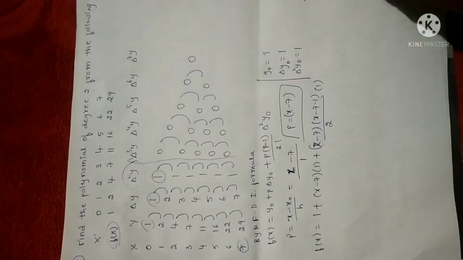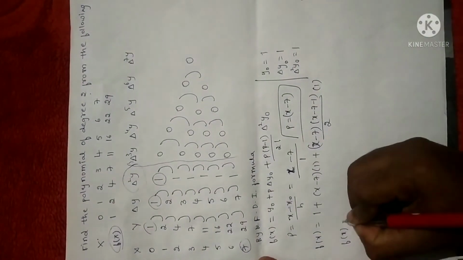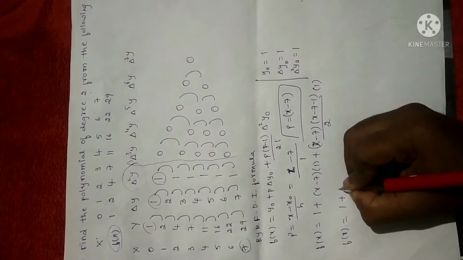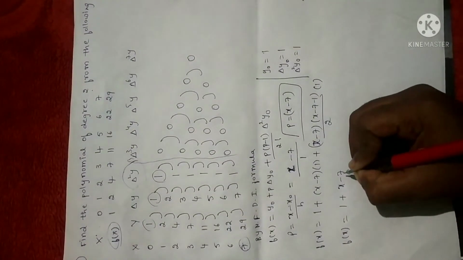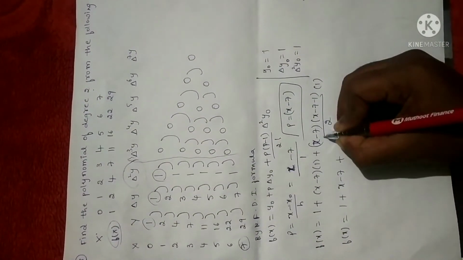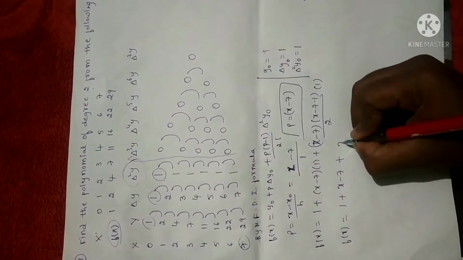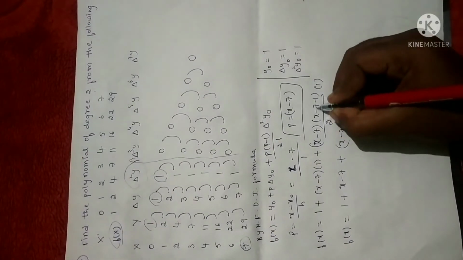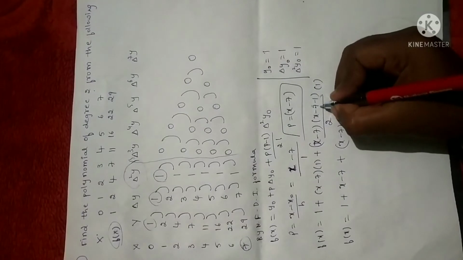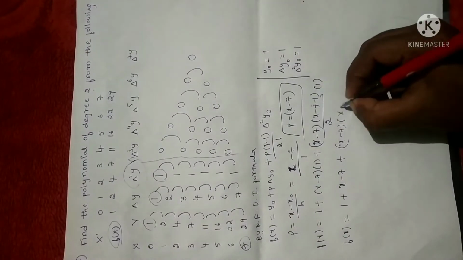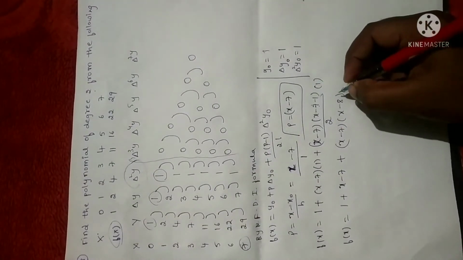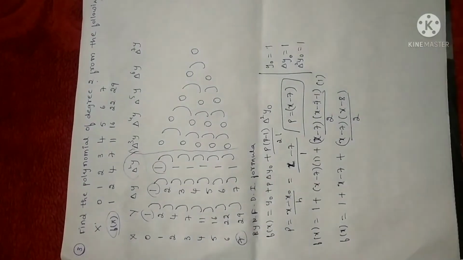Now let me simplify this. You will get f of x is equal to 1 plus x minus 7 into 1 is x minus 7 only. Fine. Next plus, I will just simplify this. x minus 7 into x minus 7 minus 1. Minus 7 minus 1 is minus 8. x minus 8 divided by 2.